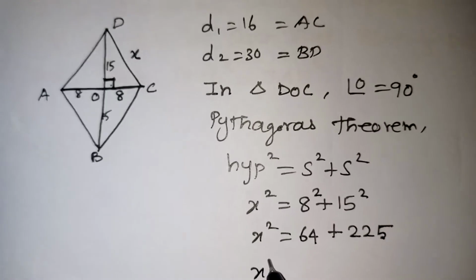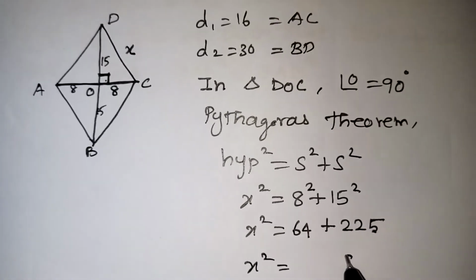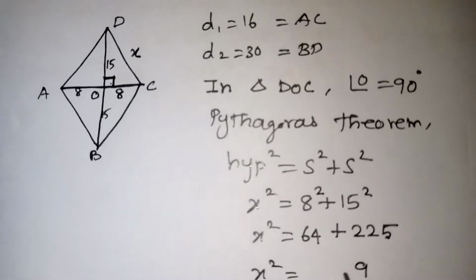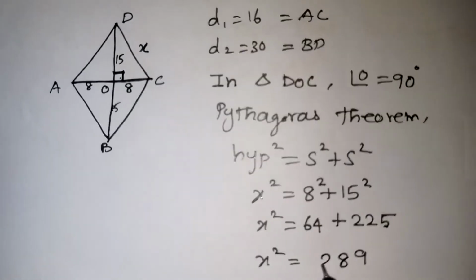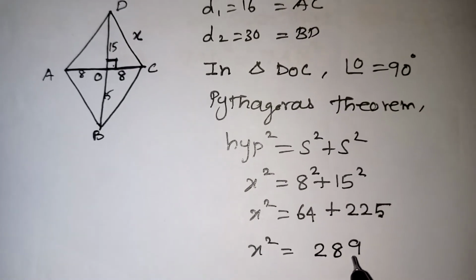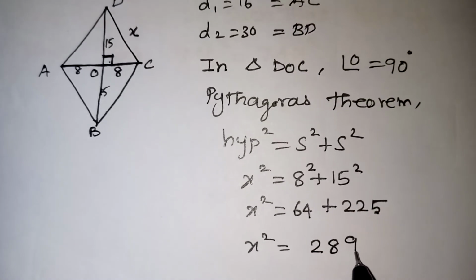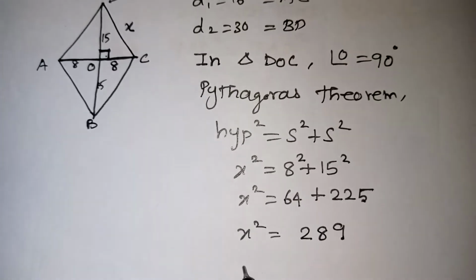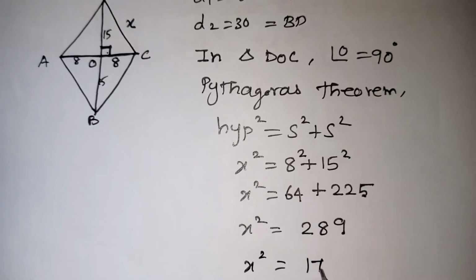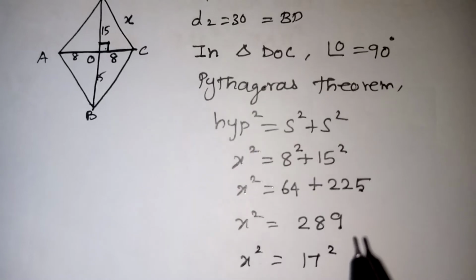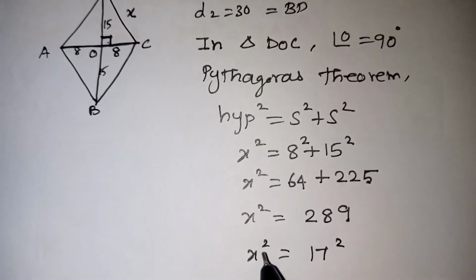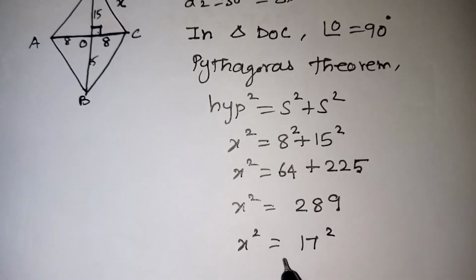So x squared equal to, we are going to add it, 4 plus 5 is 9, 2 plus 6 is 8 and this 2, 289. So the last number is 9. So definitely this is a square of the 17 squared. 17 17s are 289. So since the powers are equal, bases are also equal.